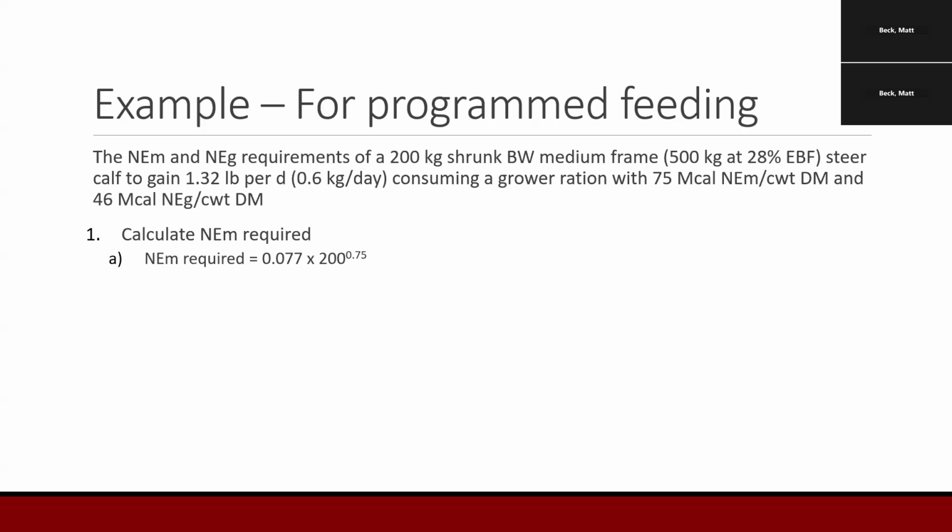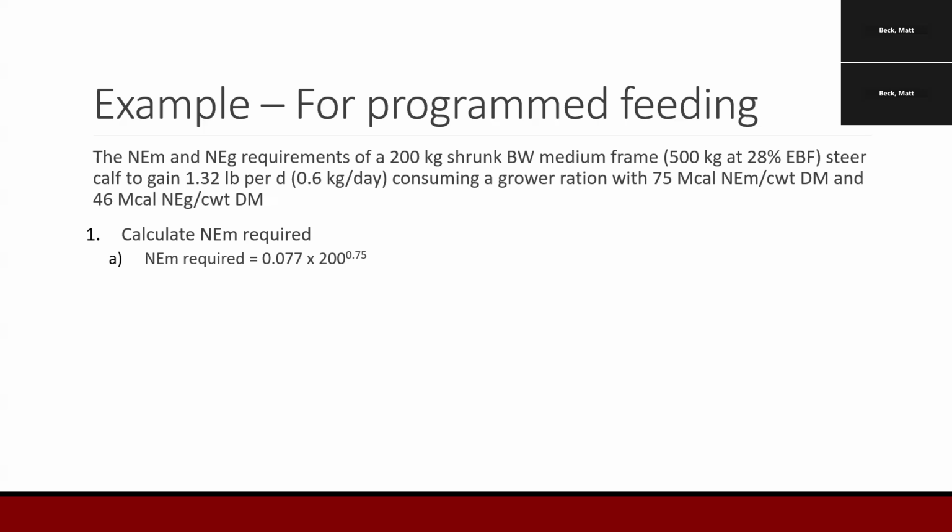Who knows what 100 weight would be? Well, this is of the feed, right? Yeah. So 100 weight, 100 pounds. You'll see that a lot in this class. I'm always talking about pounds, 100 pounds. Okay. And this diet has 46 megacals of NEG per 100 weight, dry matter basis. Okay. So how much do we need to feed to achieve that targeted rate of gain?